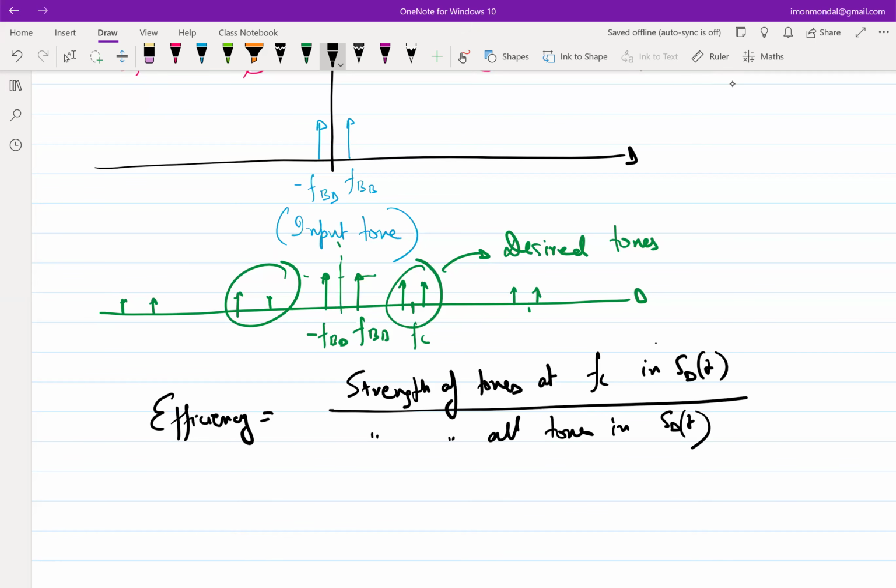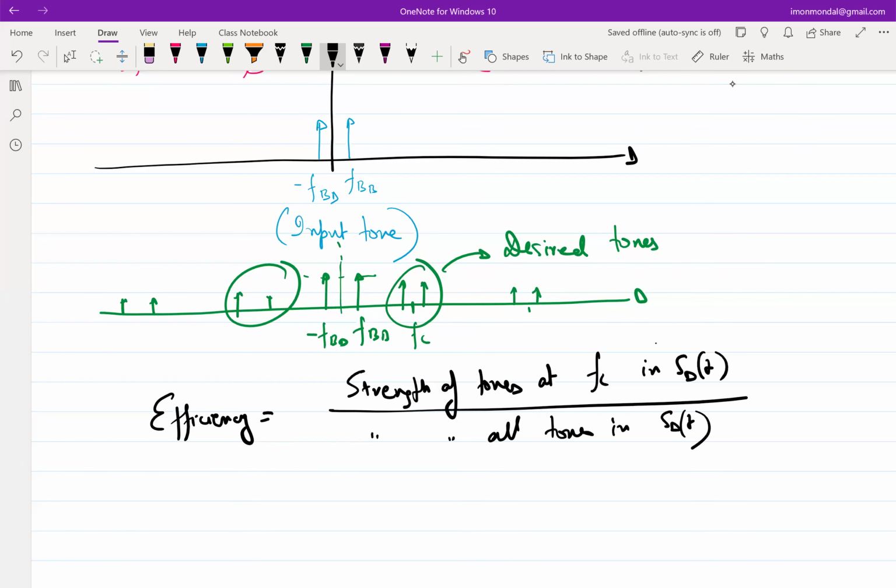Okay. So again, when I say strength, even though in the previous example we didn't take any numbers, we were trying to figure out current ratios. But when we say strength, we essentially mean power, right?